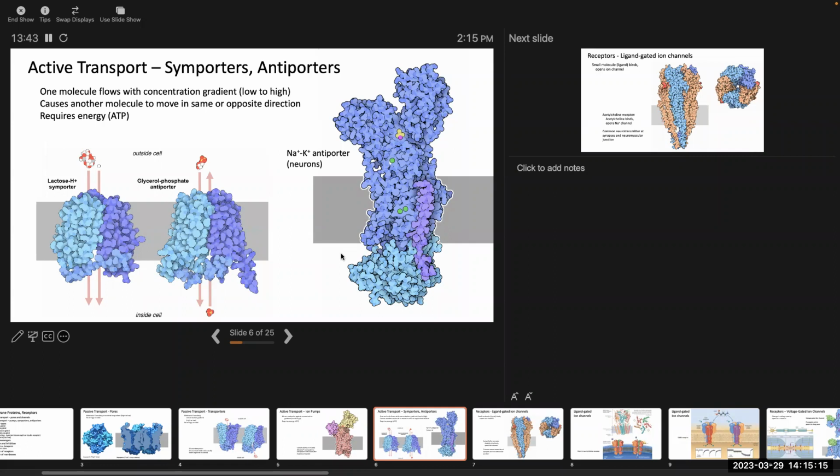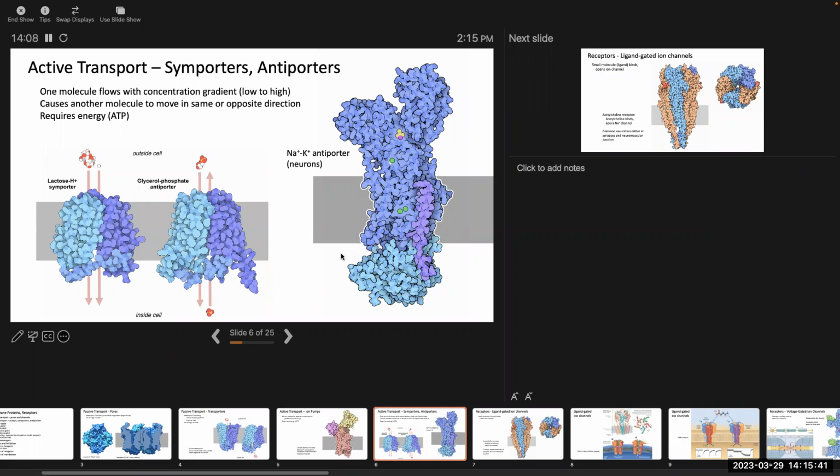And then probably the most well-known one that you may be familiar with, if you think back to your anatomy and physiology class, or just a general physiology class, is the sodium potassium ion antiporter, where I forget the exact numbers. What is it? 2 sodiums move in for 3 potassiums moving out, or something like that. There's 2 of one going one way and 3 of another going the other way.